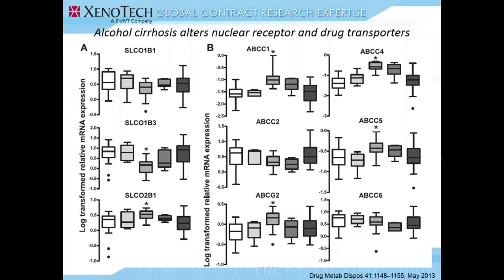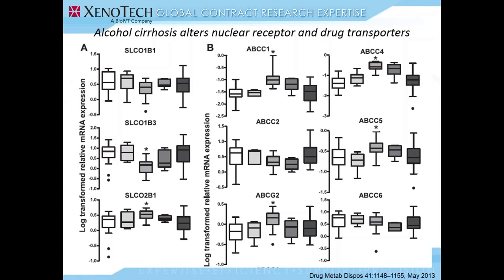The authors noted that several transporter mRNAs were different from control in alcohol cirrhosis, which is this middle group, but not in alcohol cirrhosis with diabetes, which is the group next to the right. Uptake transporters were up or downregulated, and selected efflux transporters were upregulated.